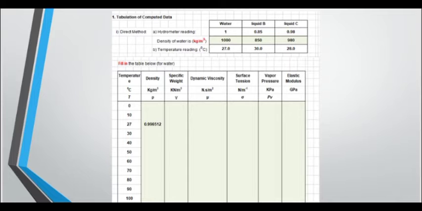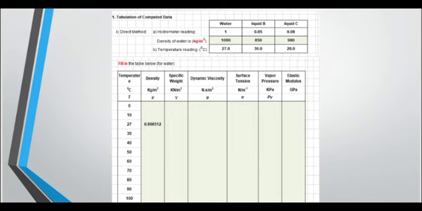For the water, hydrometer reading is 1, density of water is 1000 and temperature reading is 27. For the liquid B, the hydrometer is 0.85, density is 850 and temperature is 30.